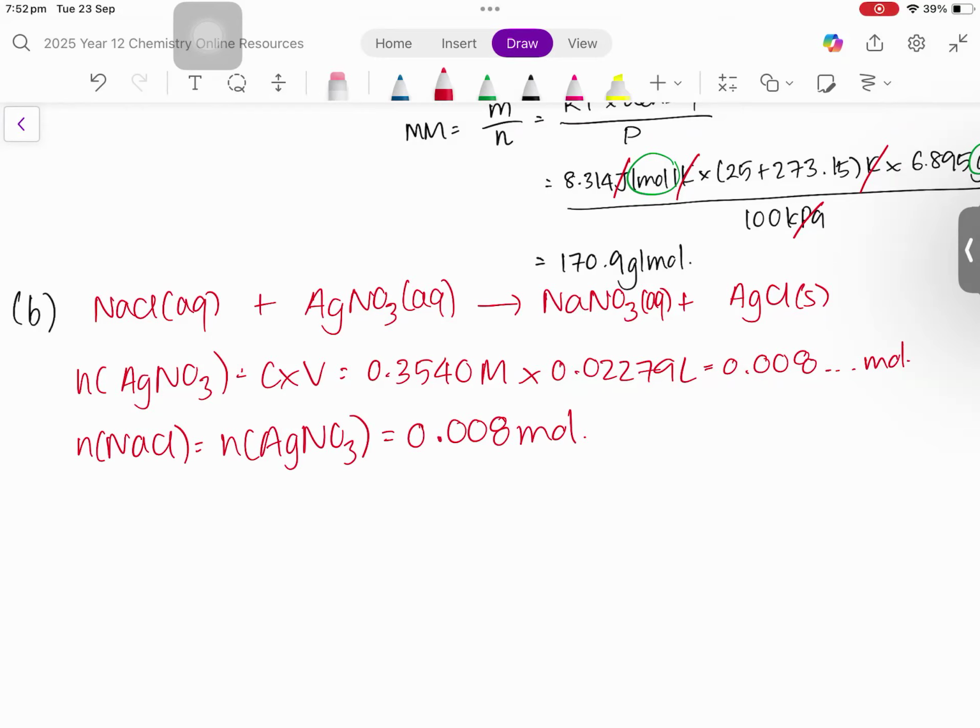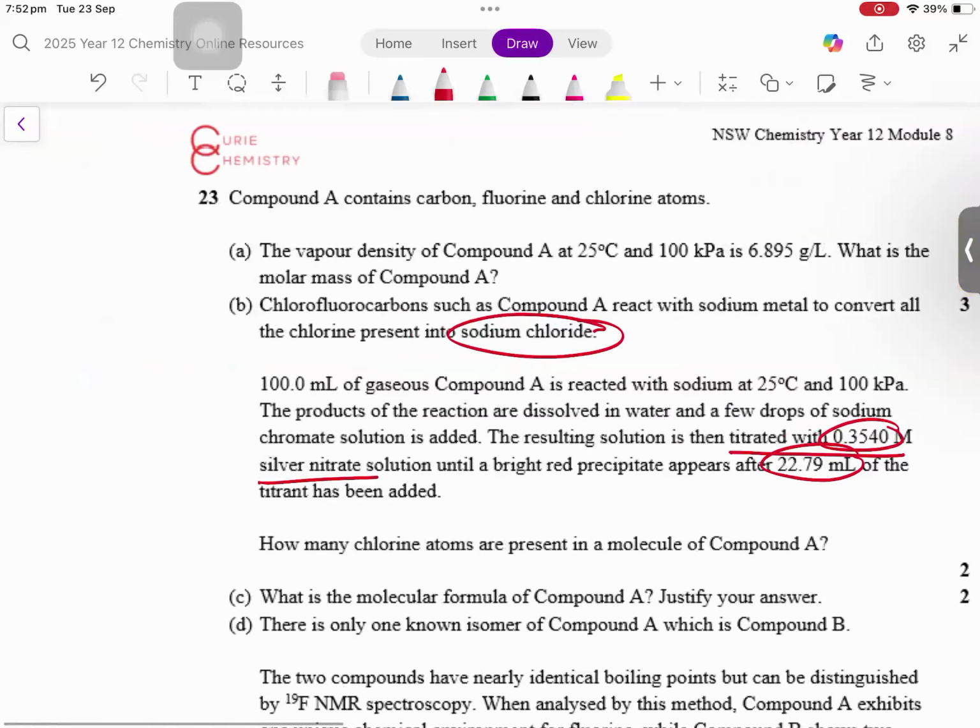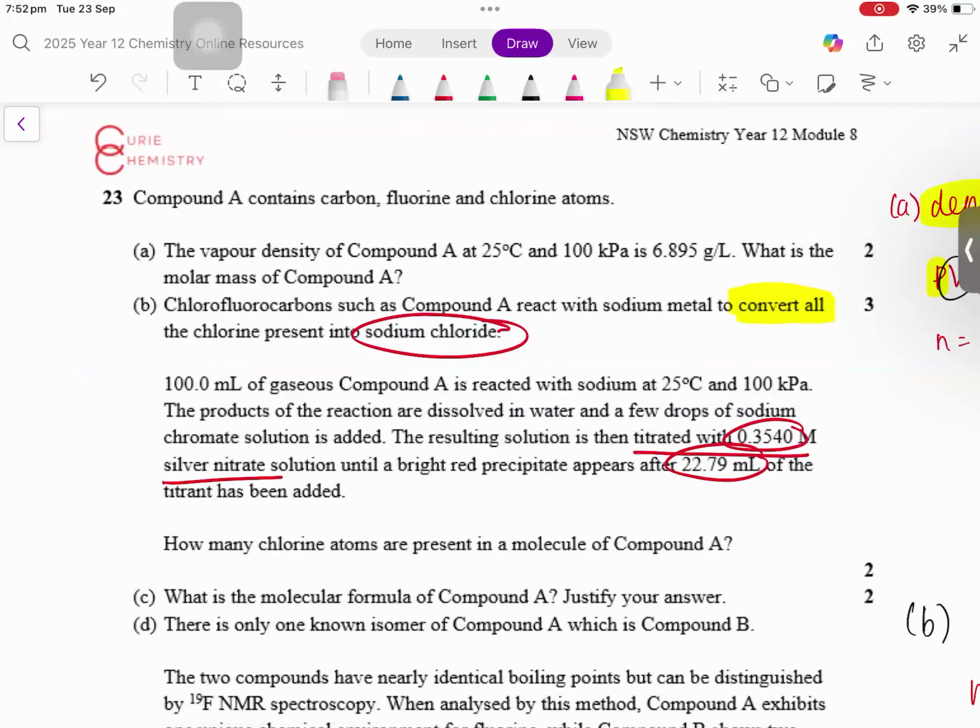Okay. Again, guys, the whole point of the question was to ask you for chlorine. They don't actually want sodium chloride. It's just that all of the chlorine converted into sodium chloride.